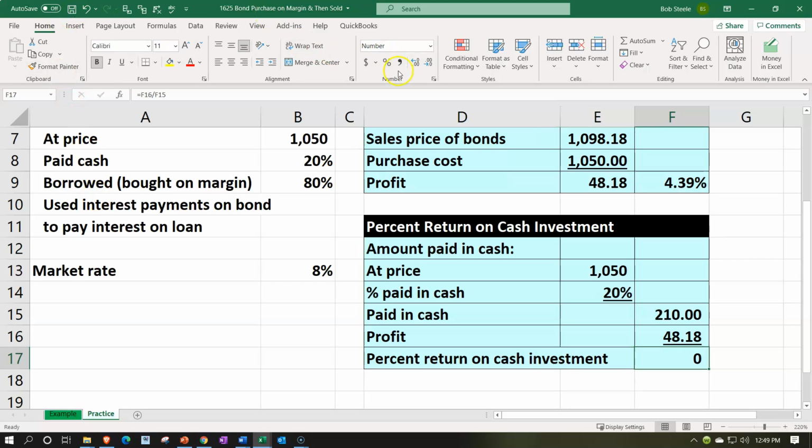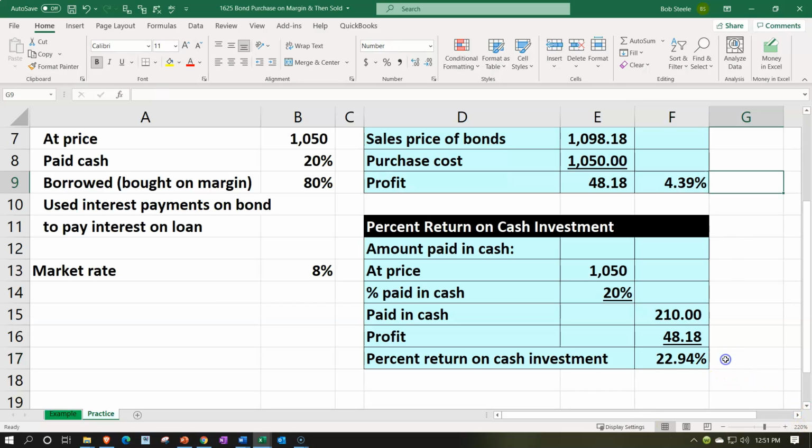And then we're going to go up top and say numbers and make that a percent and add a couple decimals. So then if we compare this then to what actual cash we put down because we financed the 80%, now we're looking at the percent return compared to the cash that we had to put down in order to facilitate the transaction.